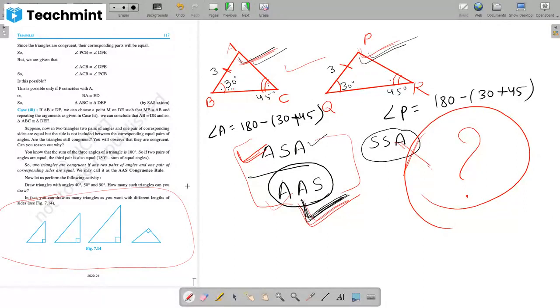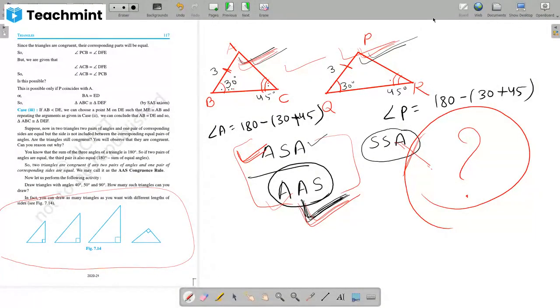Yes, ma'am. Ma'am, it means we can prove it by angle sum property, angle side. By using angle sum property, we can show that B, C and Q are equal. So we can show that A and P are also equal.